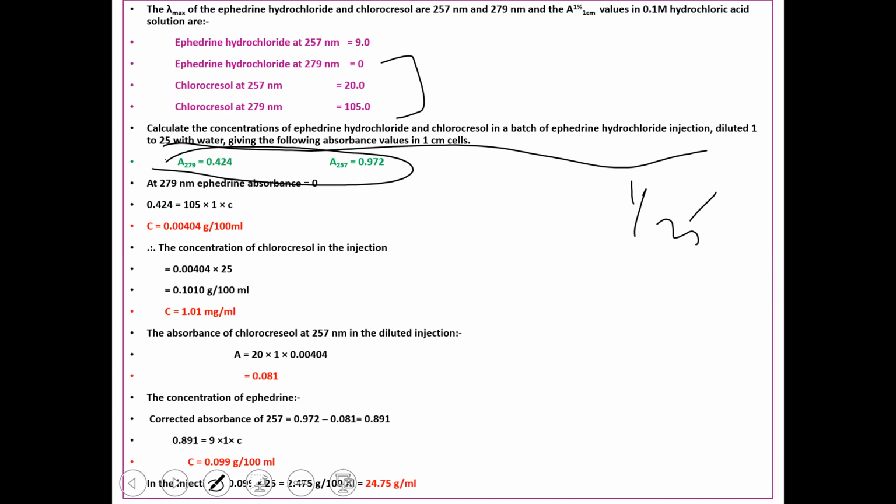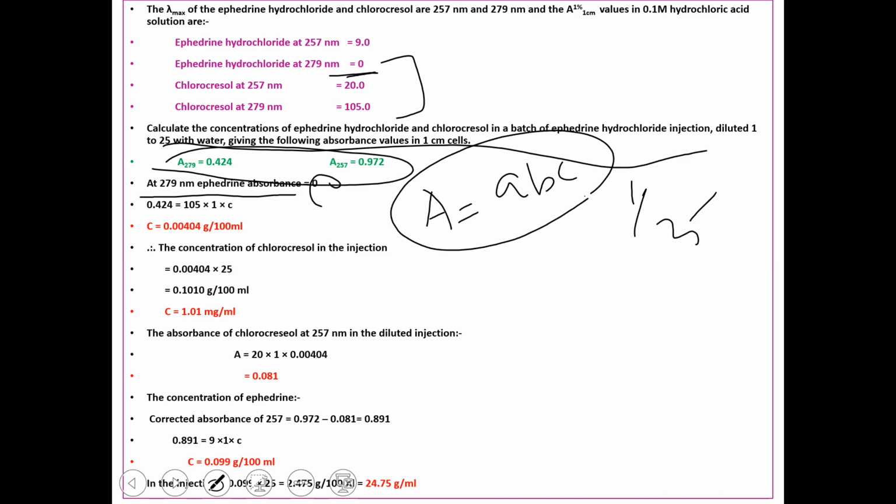So first step, at 279 the absorptivity is 0 for ephedrine. So we have to use this formula: A is equal to a b c, where capital A stands for absorbance value, small a stands for absorptivity value, that is specific absorbance, b is thickness and c is concentration.